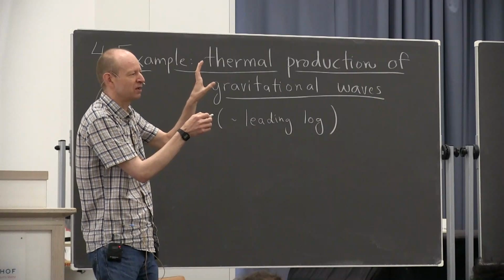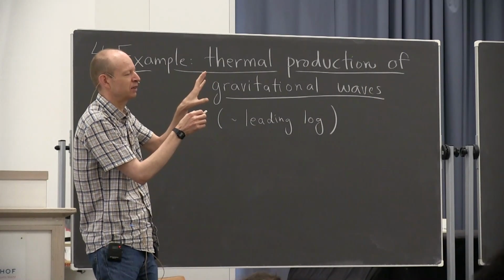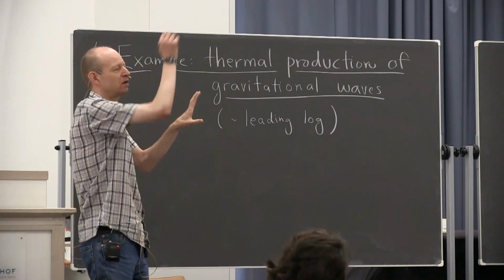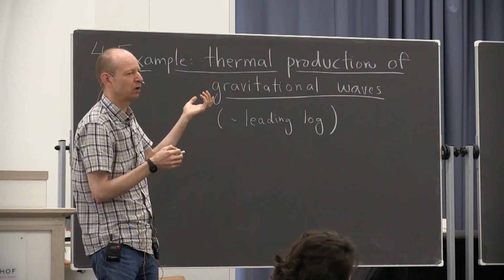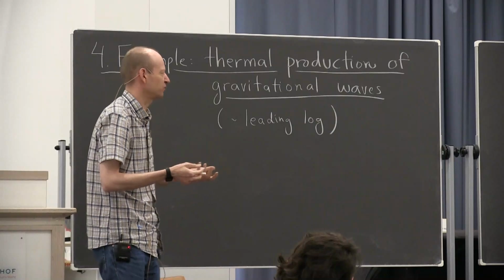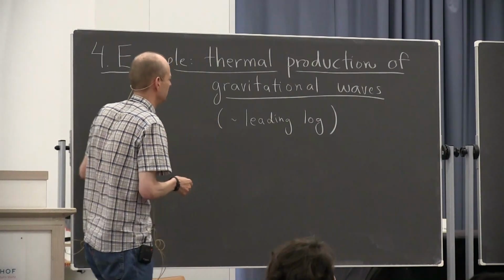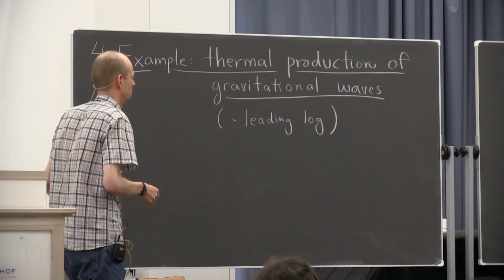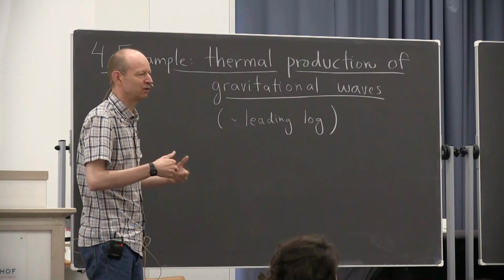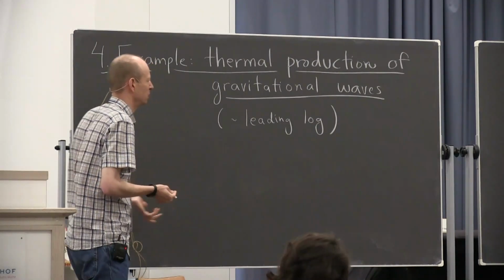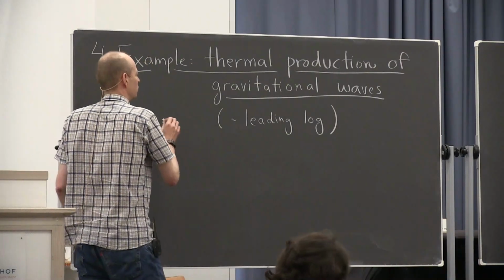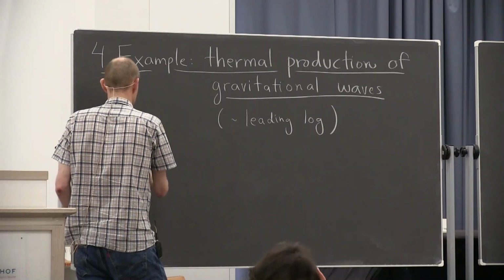And the ratio of scales is nice because it means that you can understand it either from the side of the small scale or from the side of the large scale. So these logs are more universal than other fine details of the result, and that's another reason why it's interesting. In particular, this leading log we can derive with this hard thermal loop effective theory that we introduced yesterday.